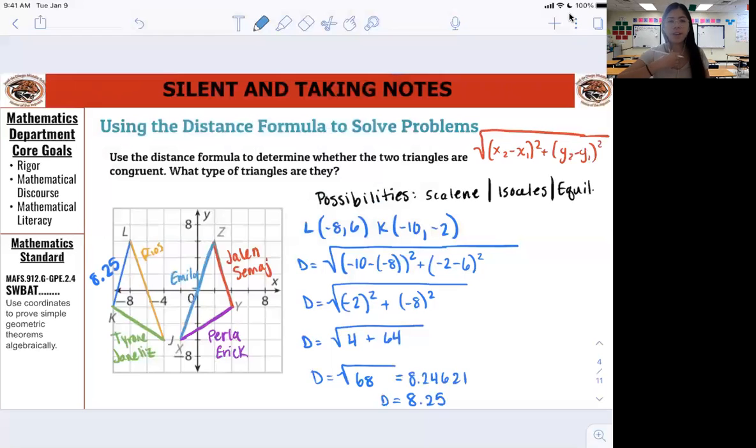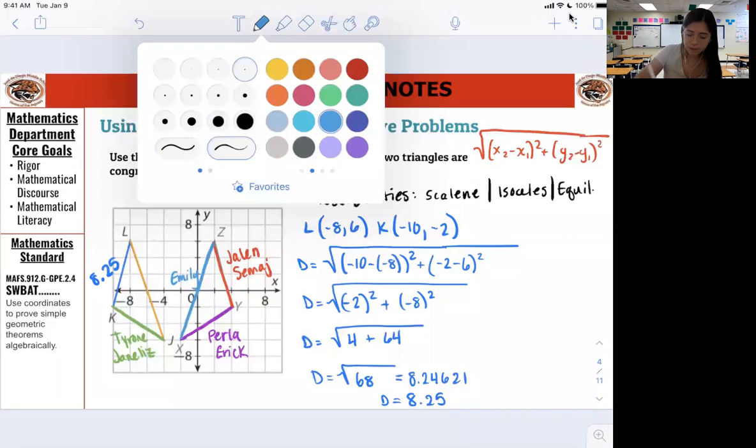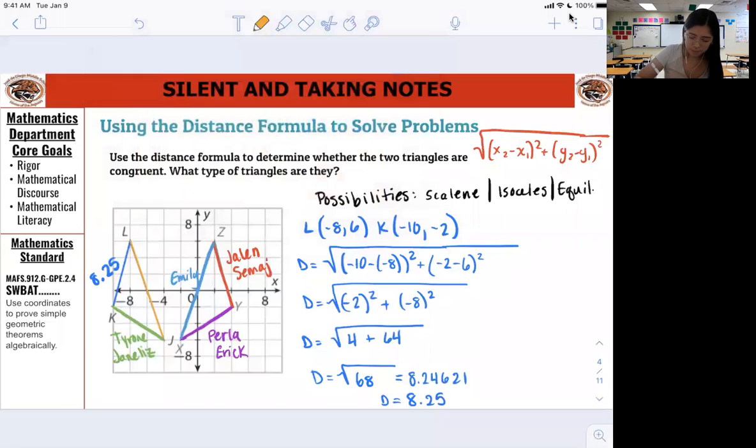I'm going to start filling in what your answers have been so far. So Rio's got 12.65, good. Oops. Perla got 7.21. That looks good to me. Janelle's is giving me the same answer for hers, which is also correct.